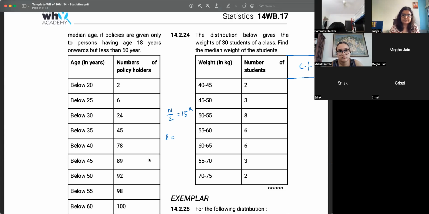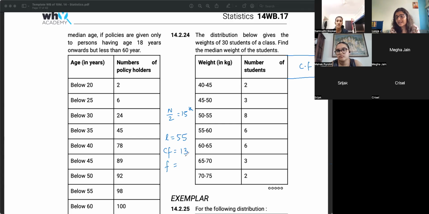Yes, L equal to 55. That is correct. Okay, next, n by 2 you already did, 15. So CF will be equal to 13, correct? F equal to 19, how? So that's where the issue is. That's why you got a different value.